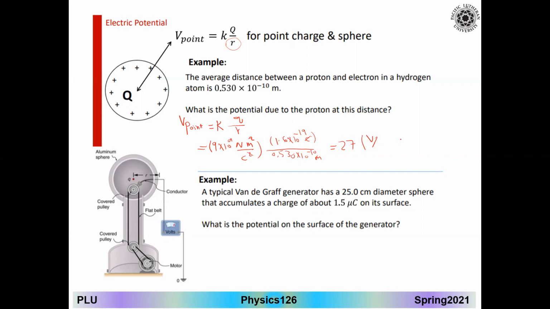Volt, sorry. The newton per coulomb is the electric field, or we can write it as volt divided by meter. And from the top here we have meters, cancel this one with this one, and we end up with 27 volts.